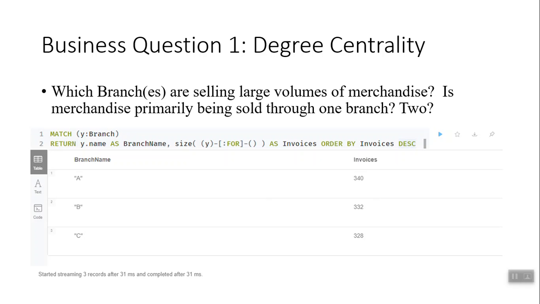So this was going to imply to me the number of invoices or transactions a given branch had. As you can see, A had a large number of invoices, and you might initially think that A has the potential for the most gross income dollars. However, as we will go down in the business case, that doesn't necessarily hold true.